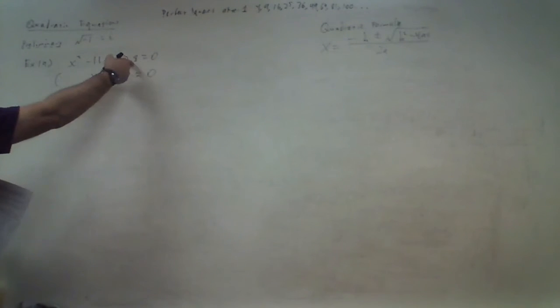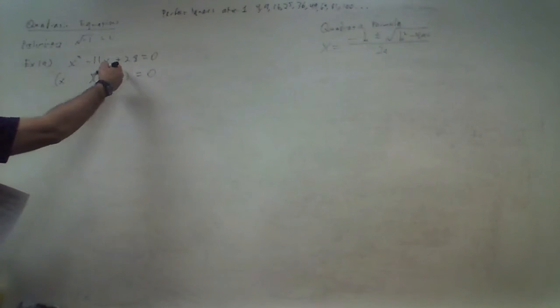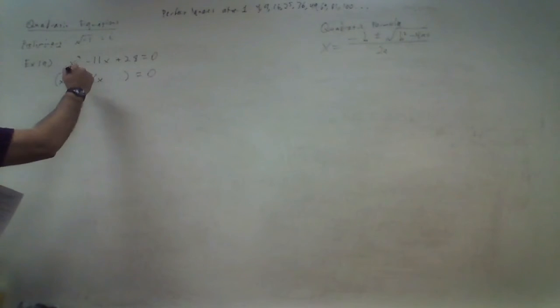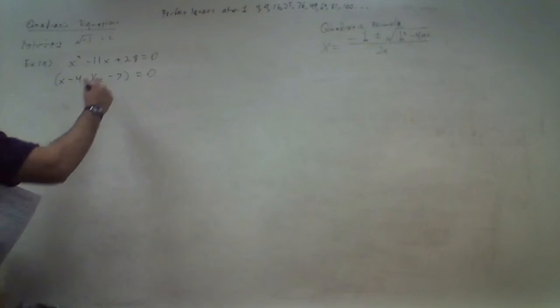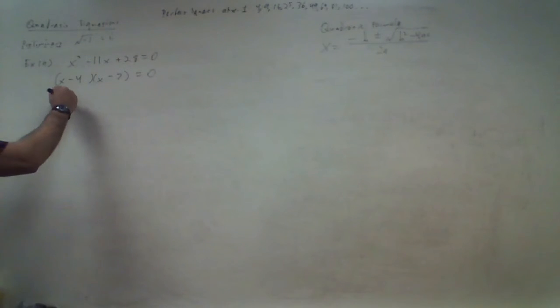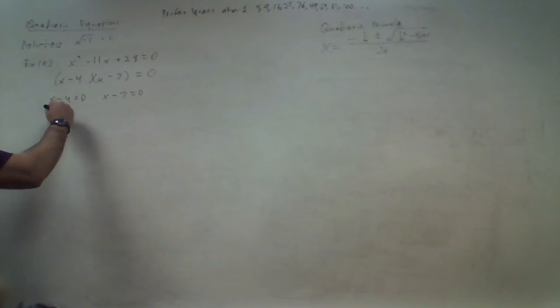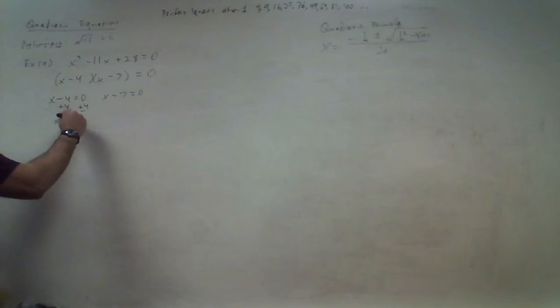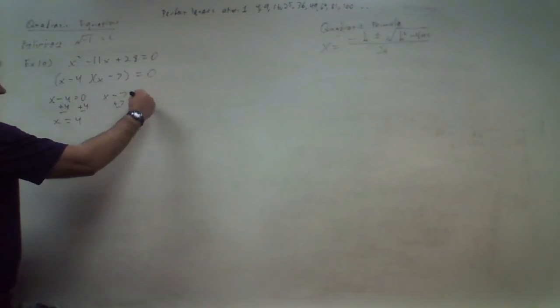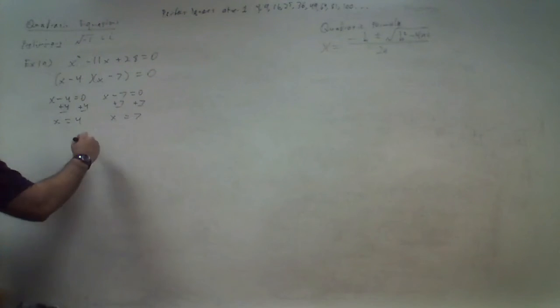I've got two factors of 28 that add to negative 11: negative 4, negative 7. Okay, so x minus 4 equals 0, x minus 7 equals 0. Add your 4, x equals 4, add your 7, x equals 7. So x equals 4 and 7.